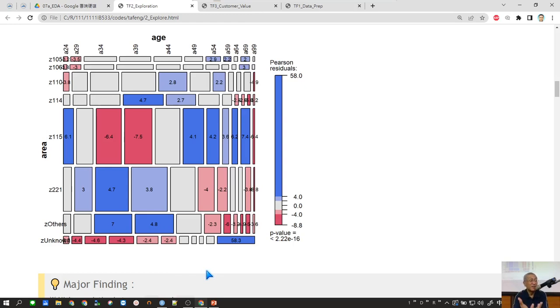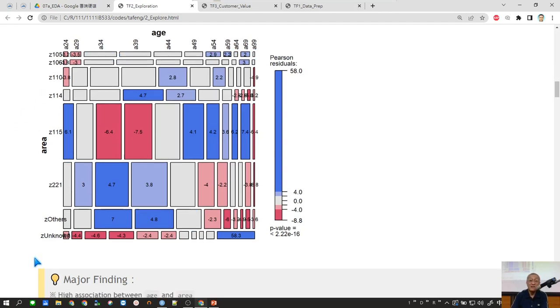In this case, it helps you to understand the edge distribution are different across different area, right? Okay.